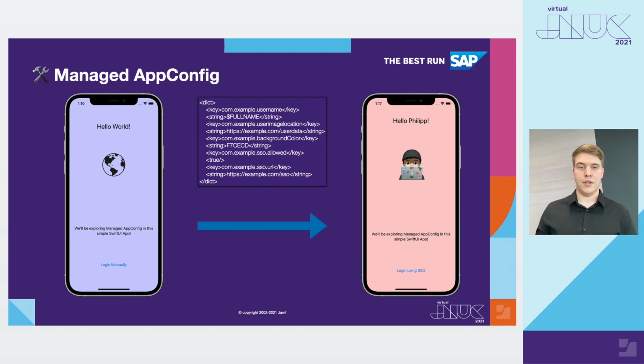I have a specific image that is pointing to a URL. It also says now log in with SSO, pointing to a specific URL. And of course, the whole background color is completely different. I changed that with a specific hex code of a color. So both of these applications that you can see right now are sharing the very same code base. The only thing different is the AppConfig sent from an MDM system.